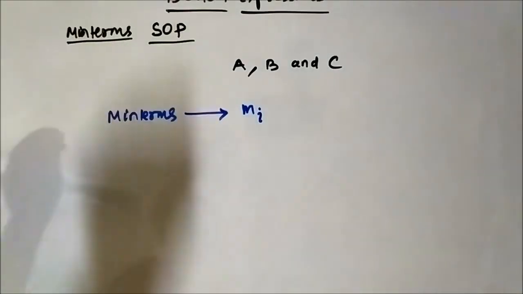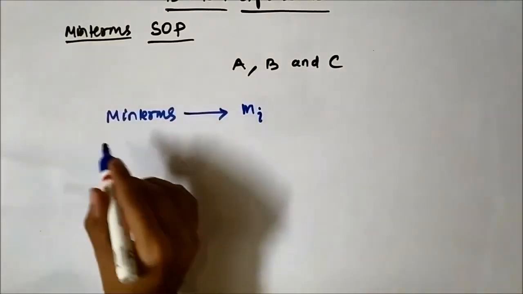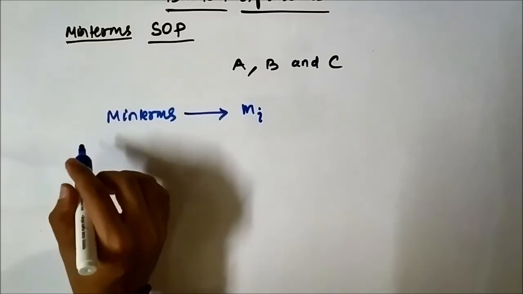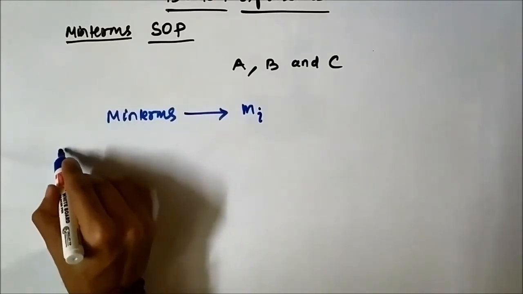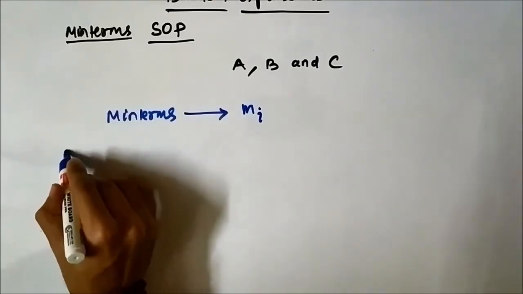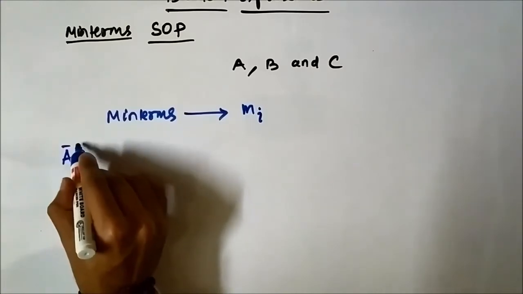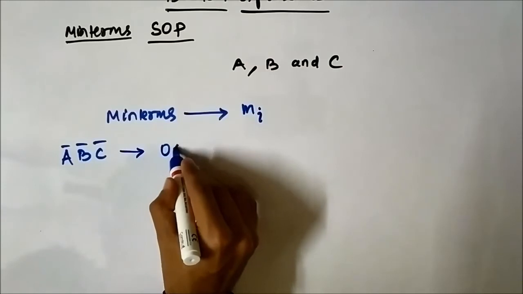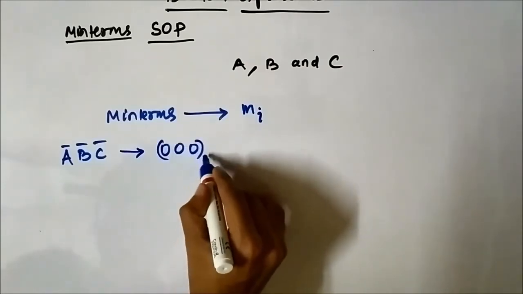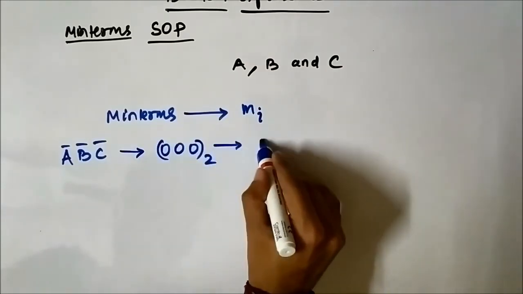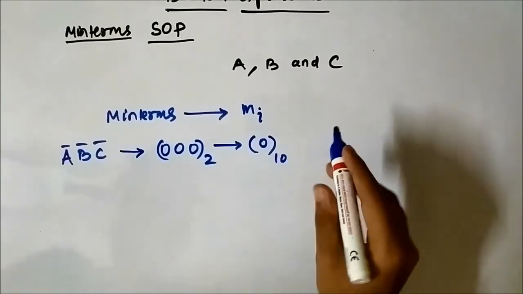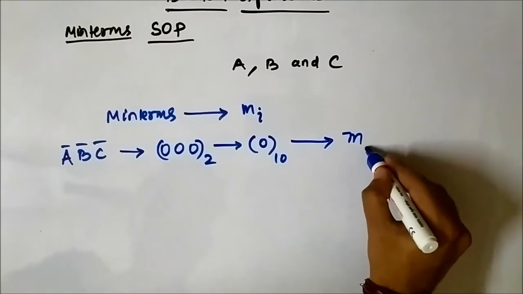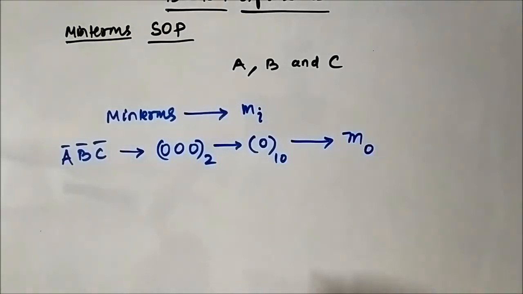What I am trying to say is that, let's say we again have the three boolean variables A bar, B bar, C bar. What do they mean? It is 0, 0, 0 in binary and 0 in decimal. So they will be represented by this term m subscript 0.